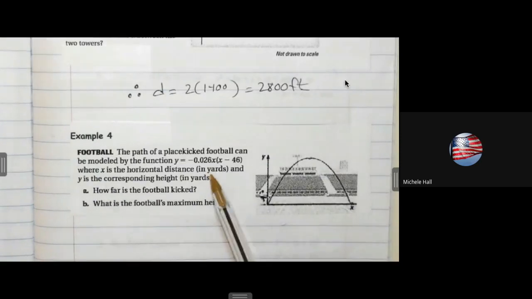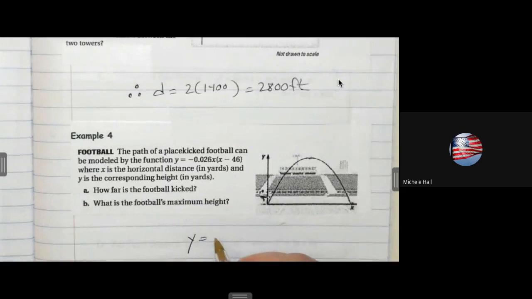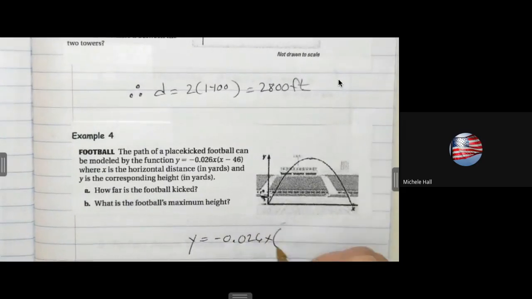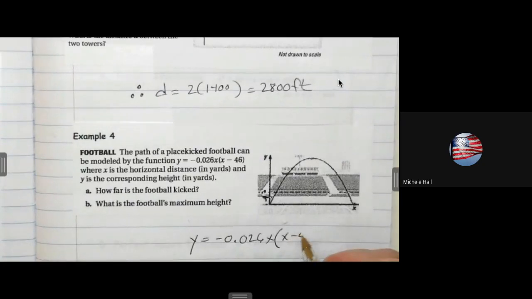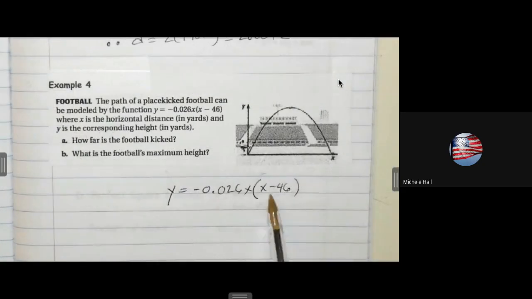What do we have here? We have this function y equals negative 0.026x times x minus 46. I could actually solve these two right here.